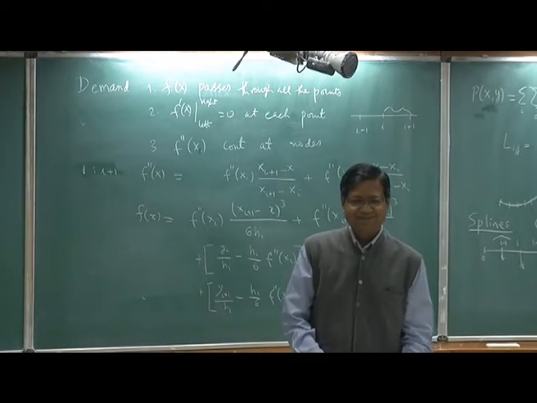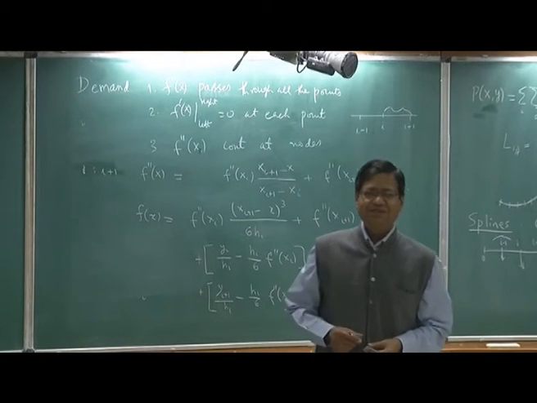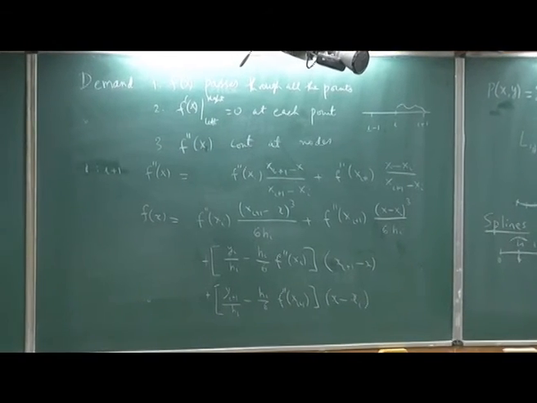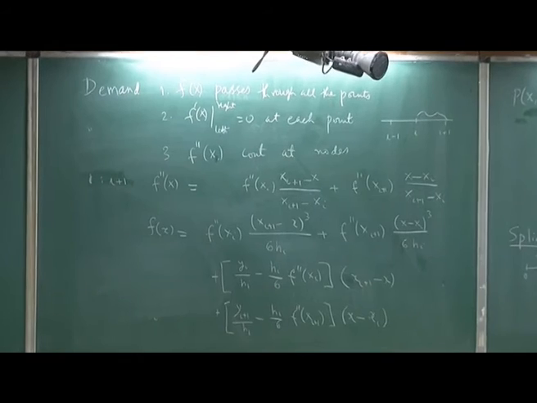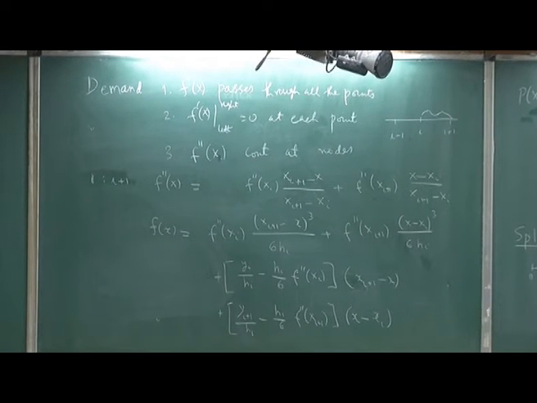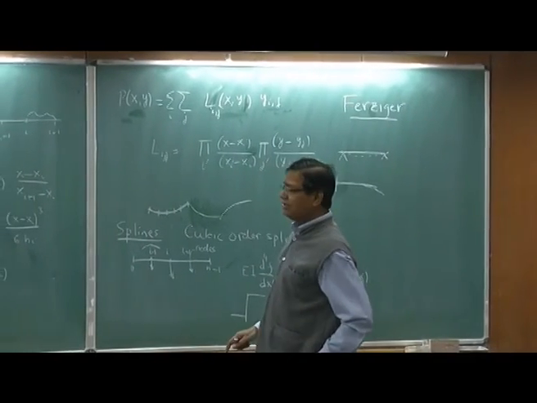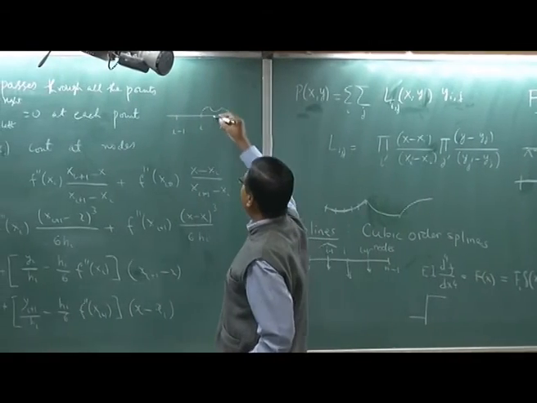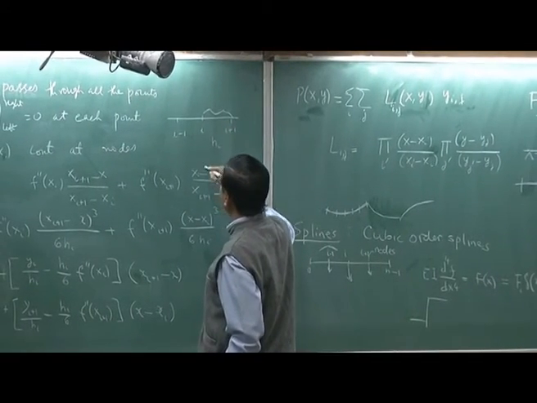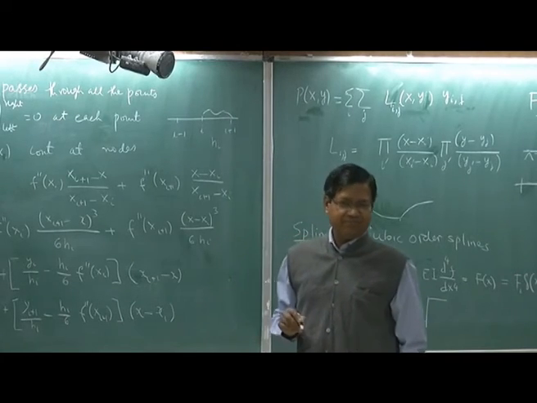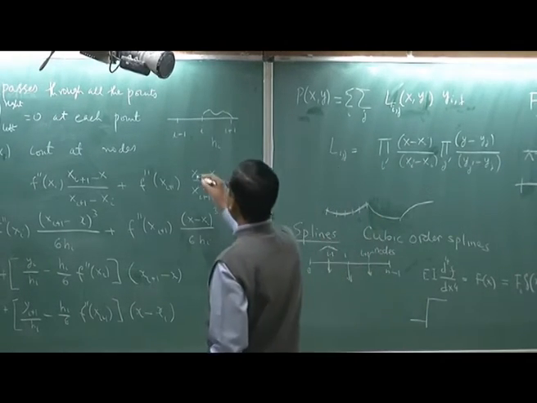So this is a pretty lengthy expression, but it is a cubic order polynomial in x. That's what I said, my function f will be cubic order, and that comes from this equation. So hi is this xi plus 1 minus xi gap, and this will be hi minus 1.